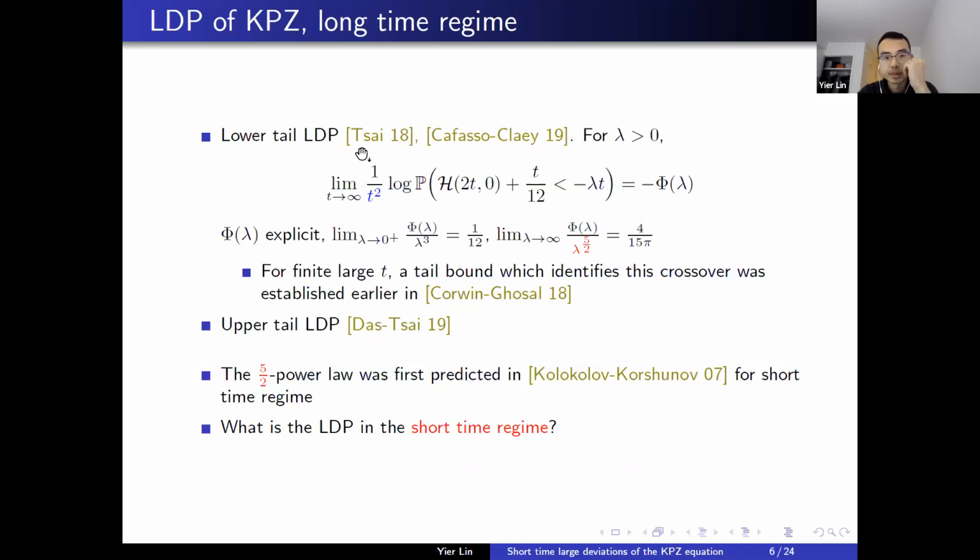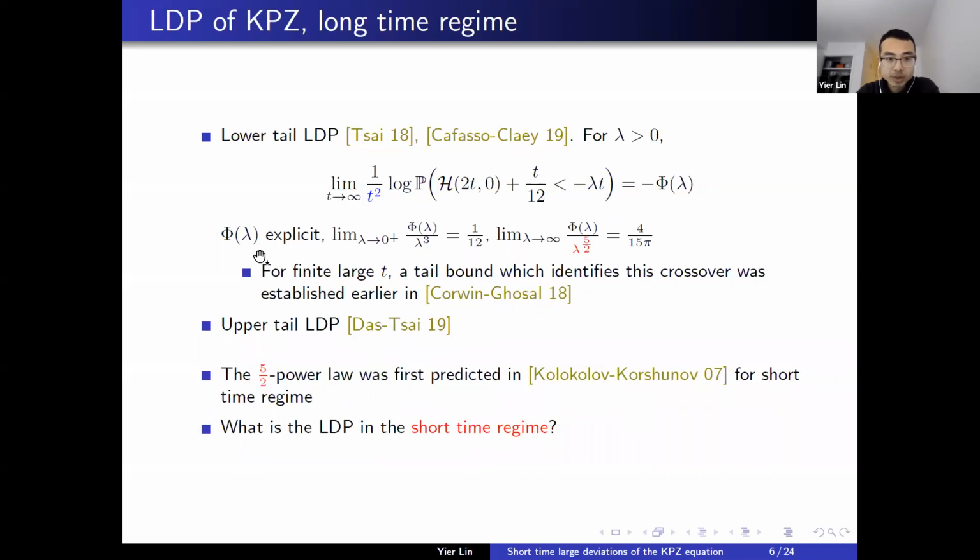Actually, it's a result first proved by Li-Cheng and also by Katzav 1 year later using a different method, where they show that this probability, as you let t goes to infinity, will decay exponentially, with speed t squared, and with some rate function on the right-hand side given by phi lambda.